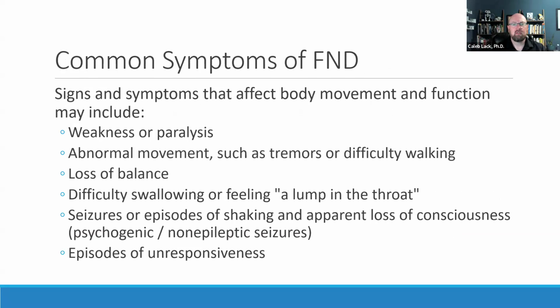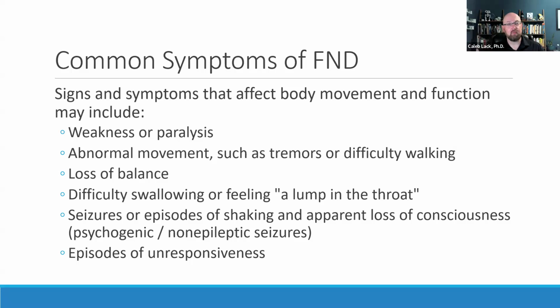So, common symptoms that we see in functional neurological disorder. These were alluded to in the symptom specifiers, but I want to go over those again because there's a lot, right? You can have 10 or 15 or 20 people who would qualify for an FND diagnosis walk into your clinic, and they might all have very different symptoms, even if they still qualify for the same diagnosis.